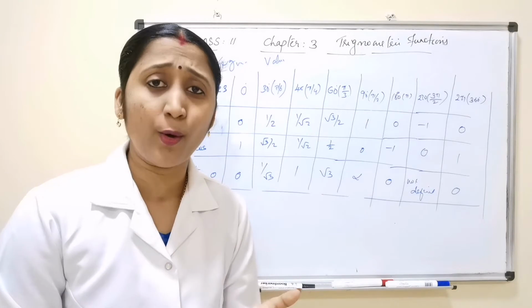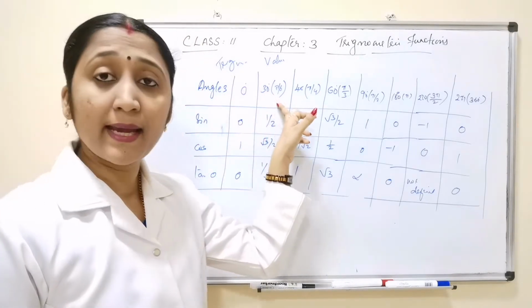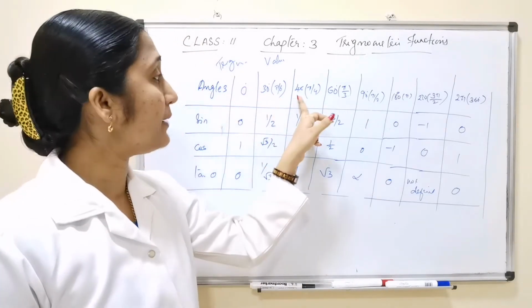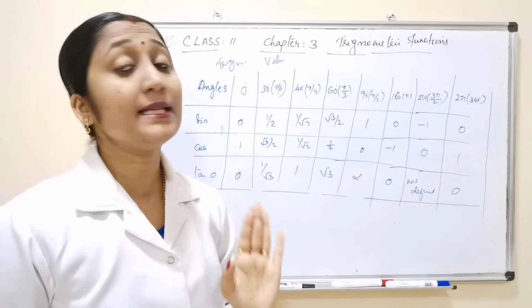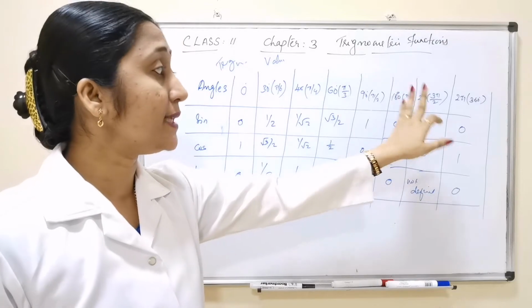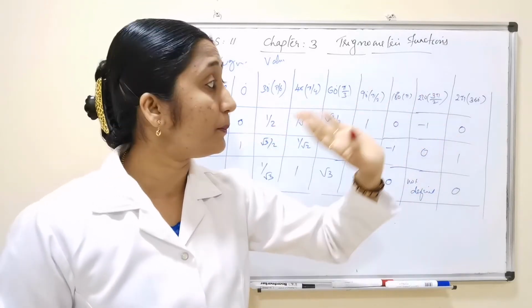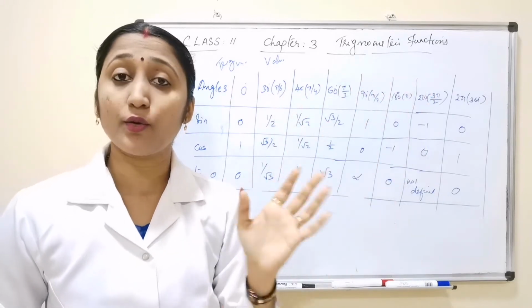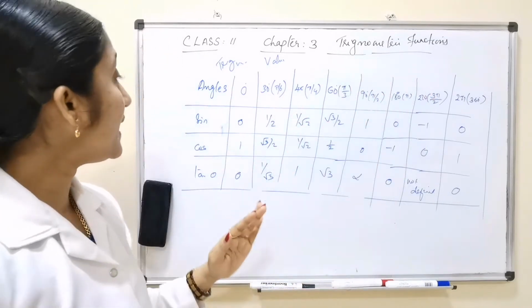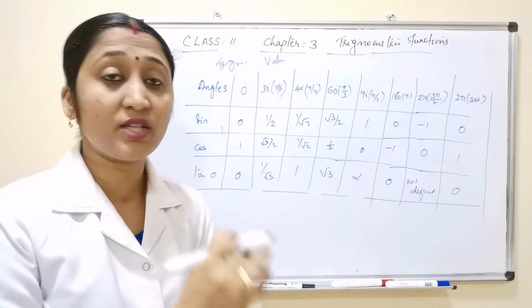You must know 30 means pi by 6, 45 is pi by 4, 60 is pi by 3, 90 is pi by 2, 180 is pi, 270 is 3 pi by 2, and 360 is 2 pi. These all values we want to memorize. It is very easy; we want to compare and study.